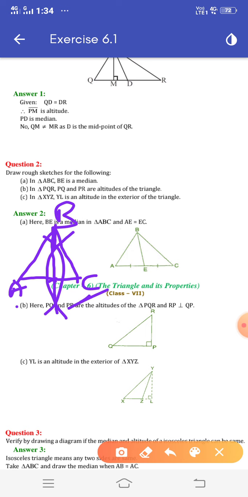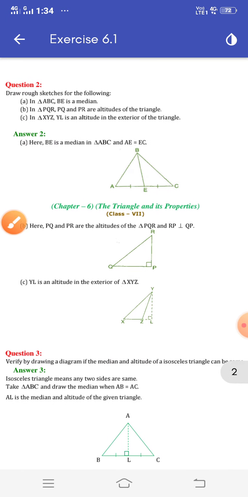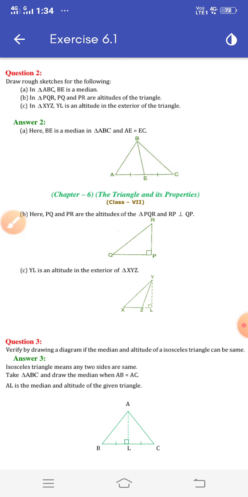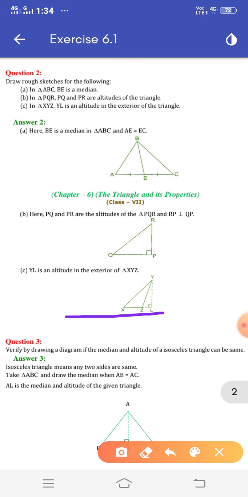Okay, now start part B. In triangle PQR, PQ and PR are altitudes of the triangle. You have to show 2 altitudes. So it should be a triangle with a 90 degree angle. For a triangle with a 90 degree angle, first of all you have to draw a line segment like this. Name it PQ, and PQ and PR are the two altitudes. So PR should be at 90 degrees.